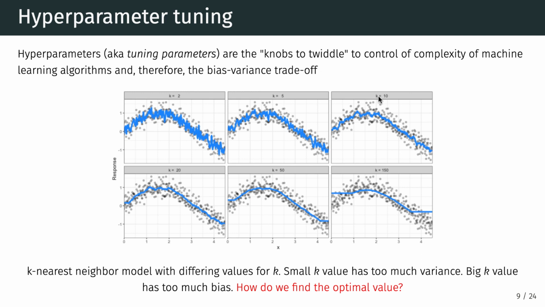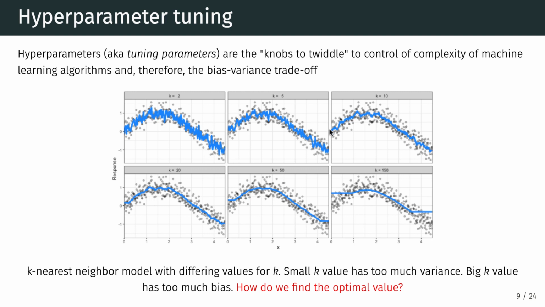But as our k value gets larger and we're averaging multiple observation response values to be our predicted value, we can see there's a natural smoothing out of our line. And what's happening is we're reducing the variance and increasing the bias.